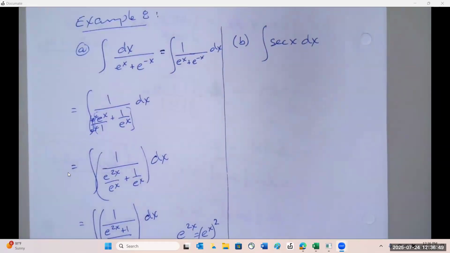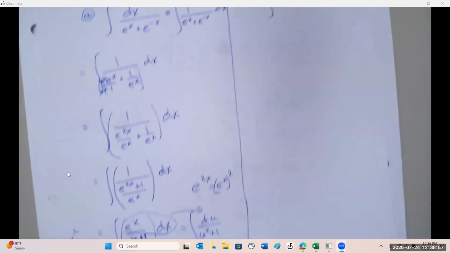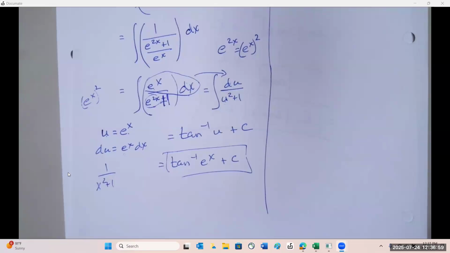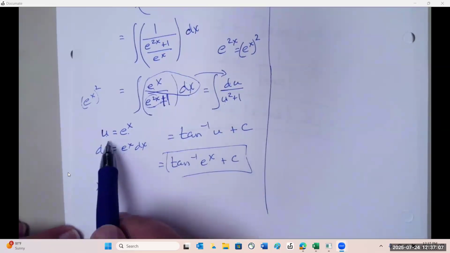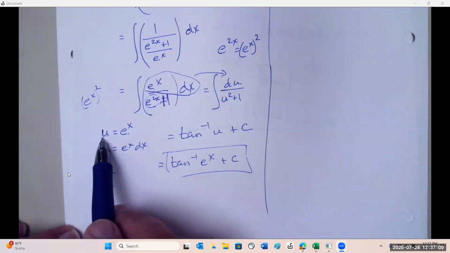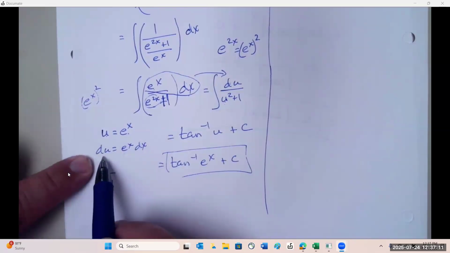All right, secant. What's that? Because you multiply, so e to the power of x, that was our u. And when you multiply that with dx, it became du.